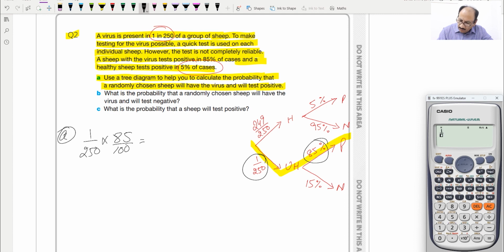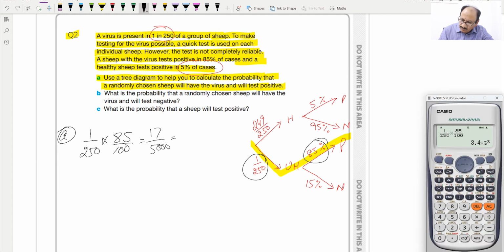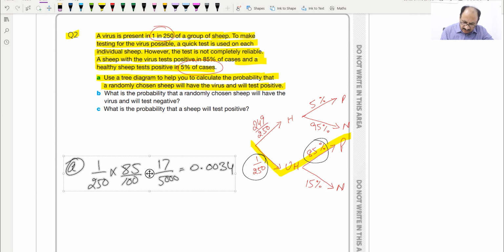This will be 1 over 250 multiplied by 85 over 100, and this will give us 17 over 5000. In decimal, 3.4 into 10 to the minus 3, or 0.0034. This will be our A part.